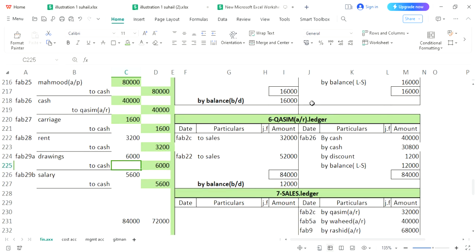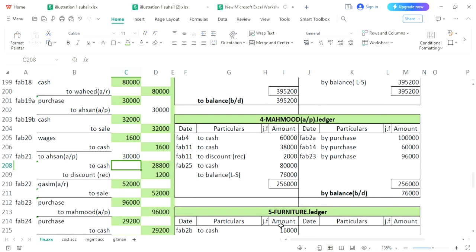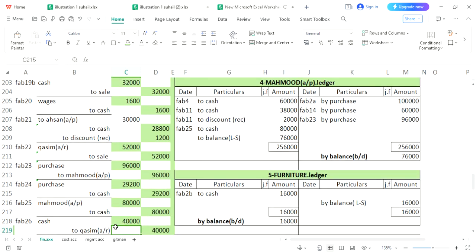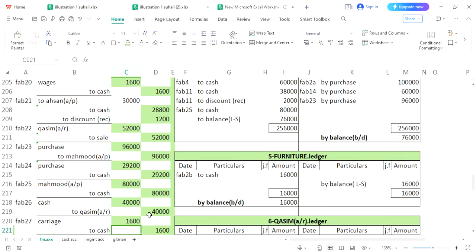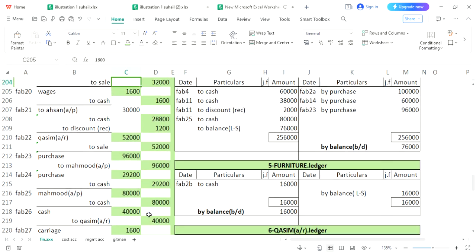If 1600 we have written, 1600 is written February 27, and it was February 27, and carriage is marked. That means why was one amount unmarked for carriage?